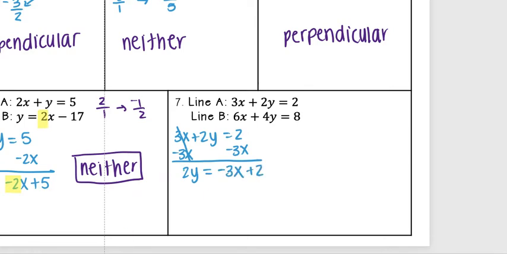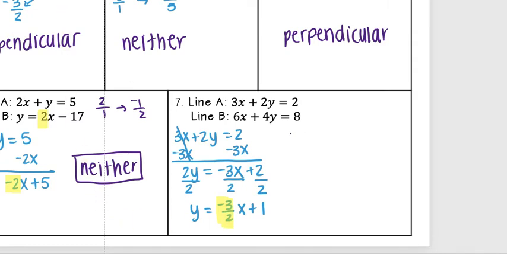Now I need to get rid of this 2 in front of y, so I need to divide, making sure I divide every single term by 2. So I get y is equal to negative 3/2 x, since I can't divide those, plus 2 divided by 2, which is 1. So my slope for this first one is negative 3/2.